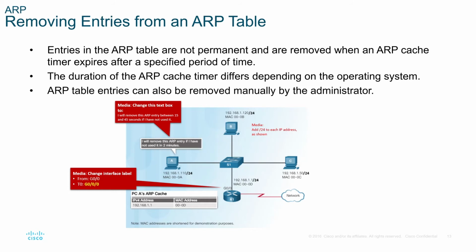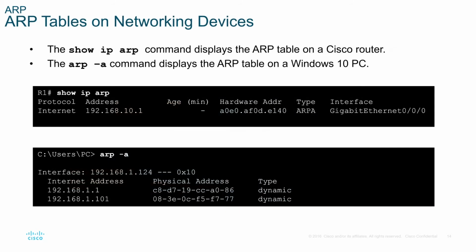As we can see in the diagram, depending upon the equipment, the names and numbers of the interfaces may change. If we wish to see the ARP table on a router, we can say show IP ARP.